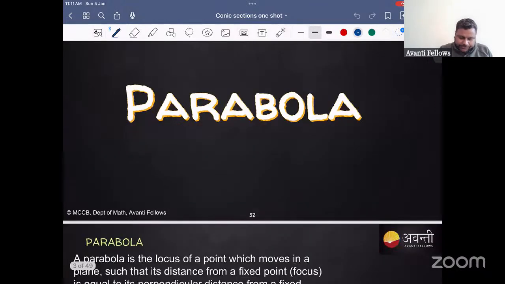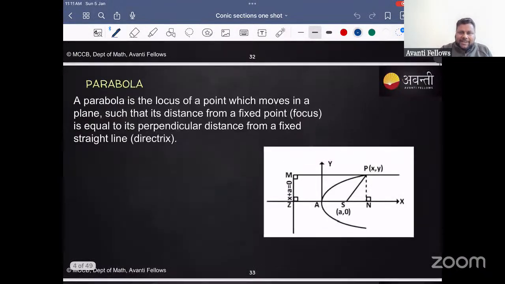Fine. So first of all, what is a parabola? A parabola is the locus of a point which moves in a plane in such a way that its distance from a fixed point, which we call its focus, is equal to its perpendicular distance from a fixed line.